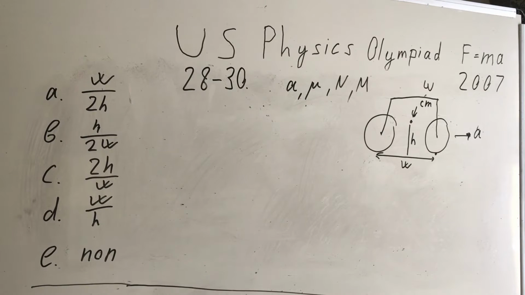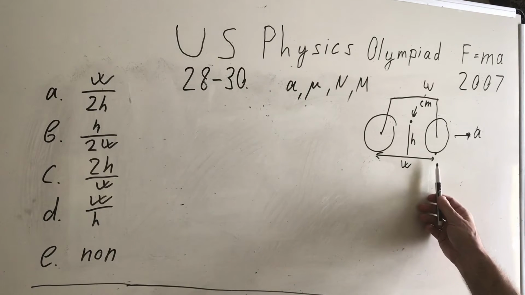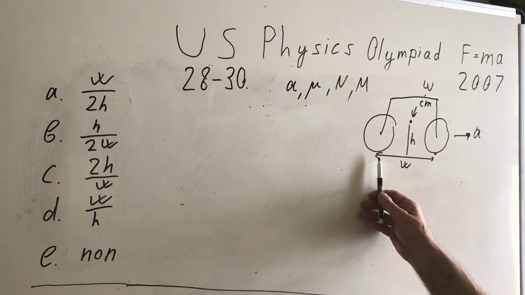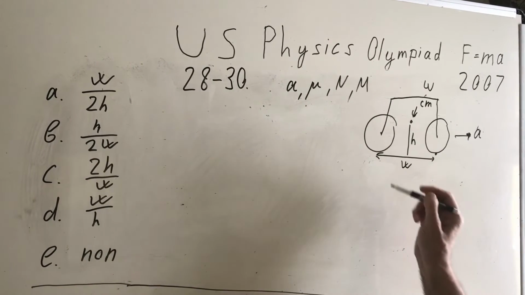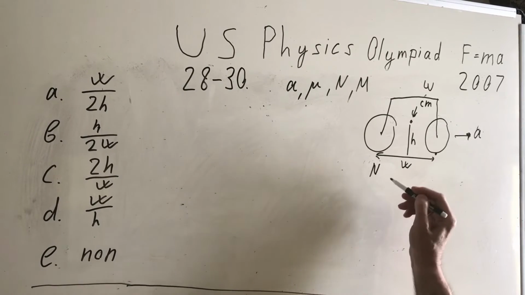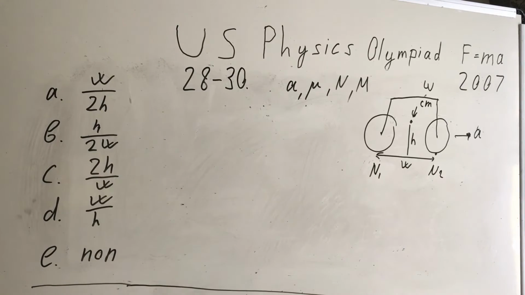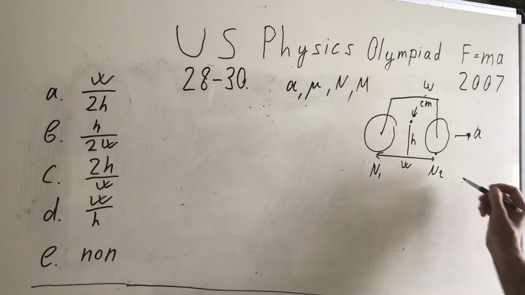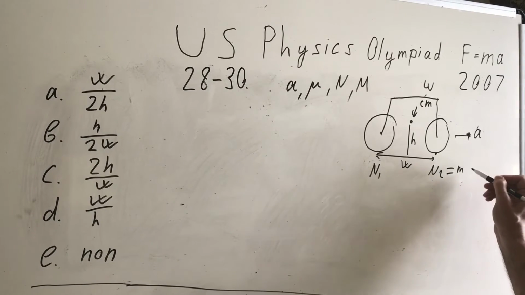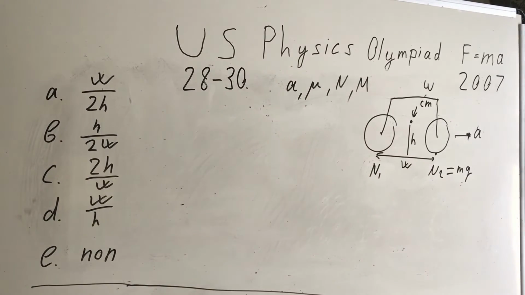And in case both tires are in contact, it means that this tire has a normal force N1 and this N2. This N1 is 0 and this N2 equals the total weight of the whole bicycle with the bicyclist.